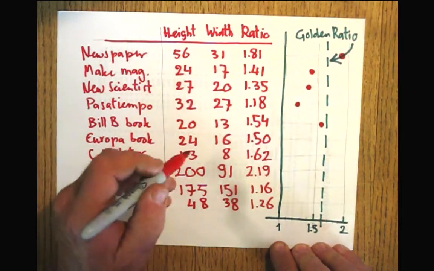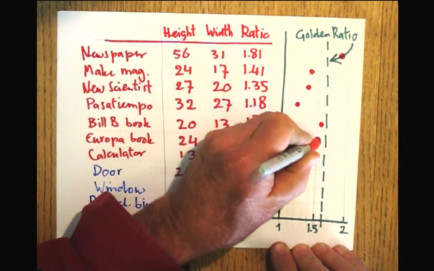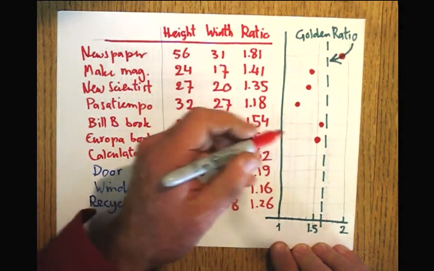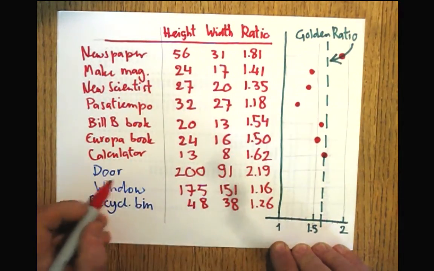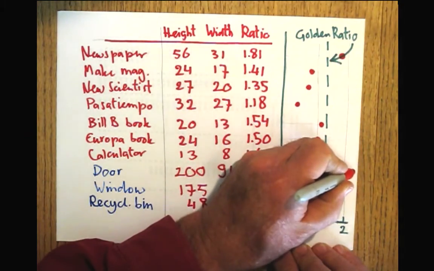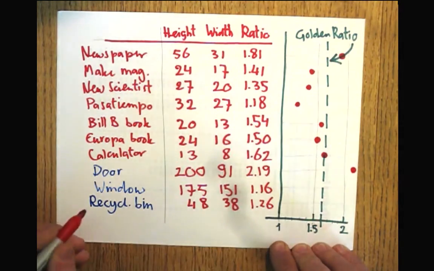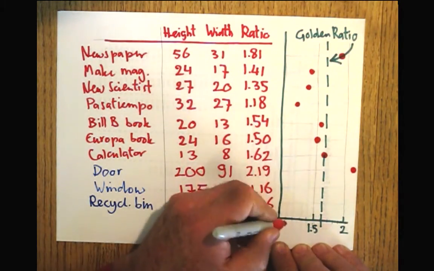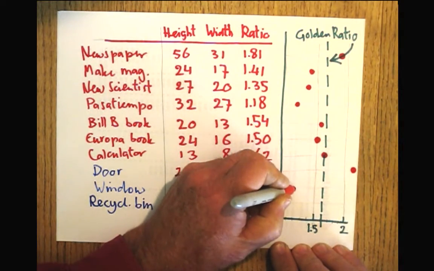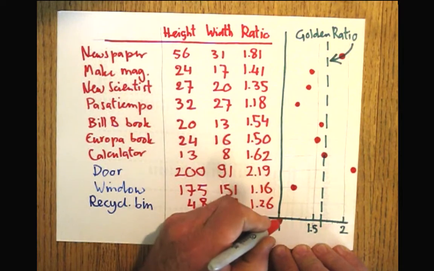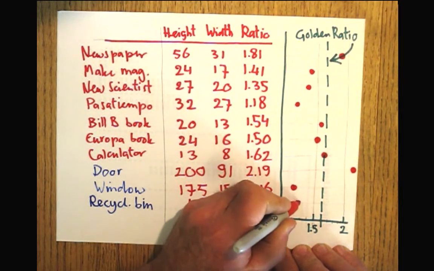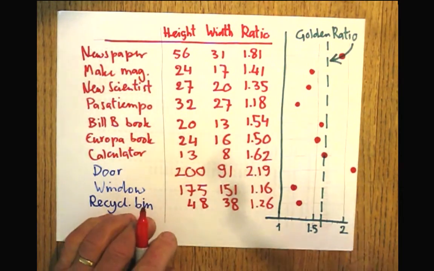The book called Europa, 1.5. The calculator, 1.62. Well, what do you know? The door is 2.19. So my front door is there. I have a window, 1.16. Ooh, quite low. Here. And the recycling bin was 1.26, right here.